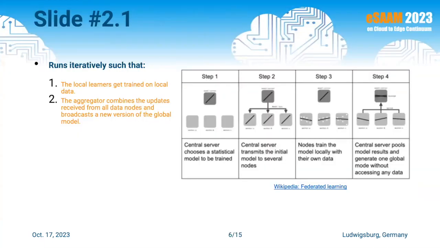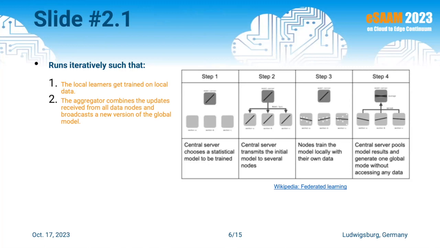Here the two main steps are the third and the fourth one. In the third, you can see that the data nodes have a local copy. This copy, or the local learner, is trained against the data that is stored there. And then the model is transferred to the central aggregator.